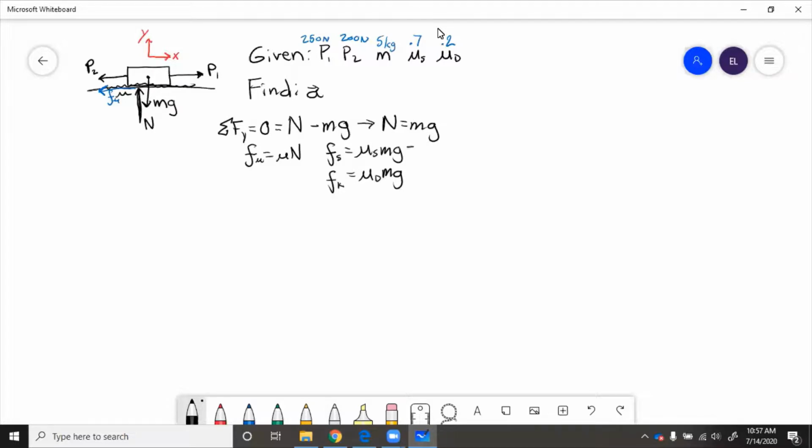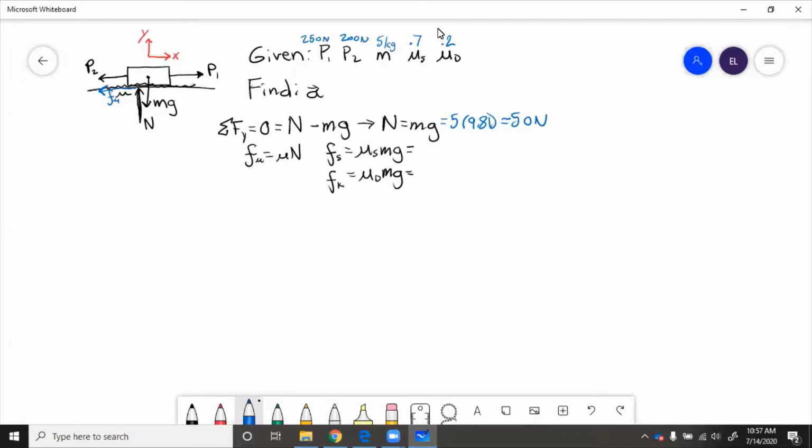So we can find both of these. So if the mass is 5 kilograms, gravity is 9.81, we have 5 times 9.81, which is about 50 newtons.